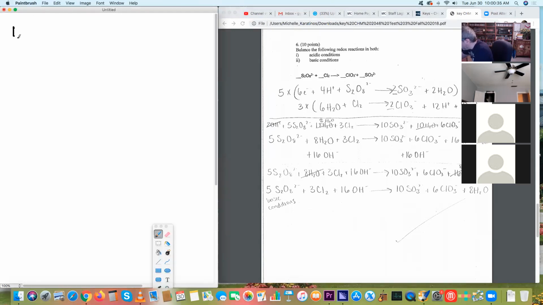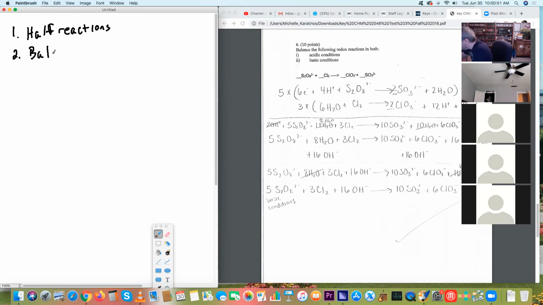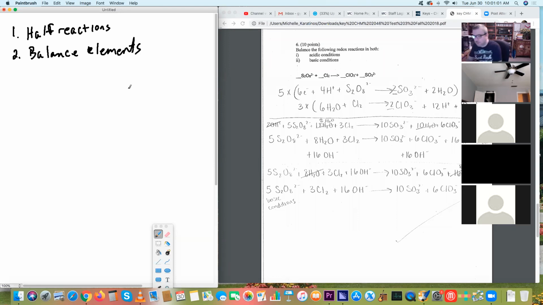All right, so step 1 is write out the half reactions. I'm just going to do this in fairly abbreviated form because you've already got all this on the videos and also in the PowerPoints. The next thing, balance the elements being oxidized or reduced.